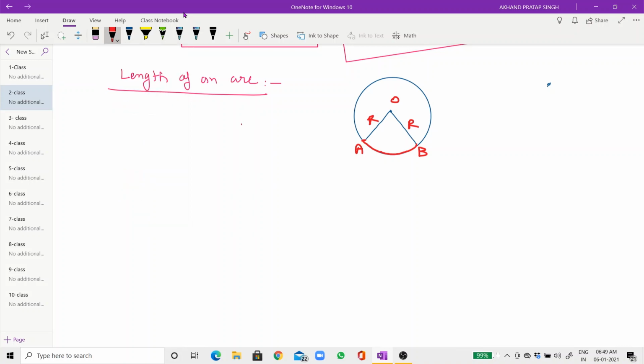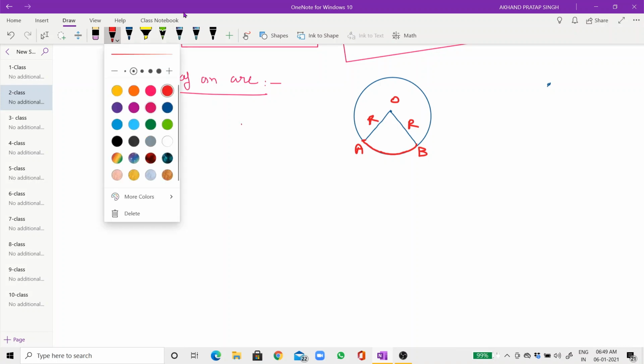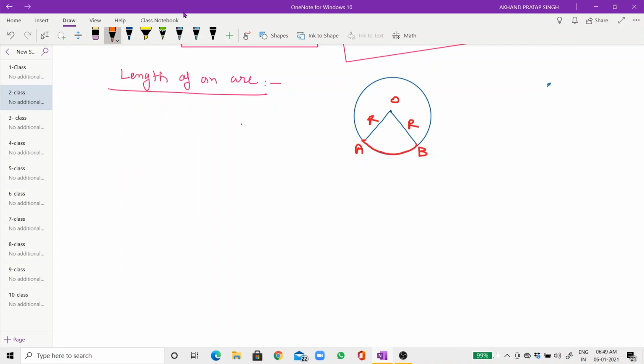We use the unitary method to solve this question. Suppose we take this pen, start from this point, and go around like that. We cover 360 degrees in terms of angle, and in terms of distance we cover 2 pi r.